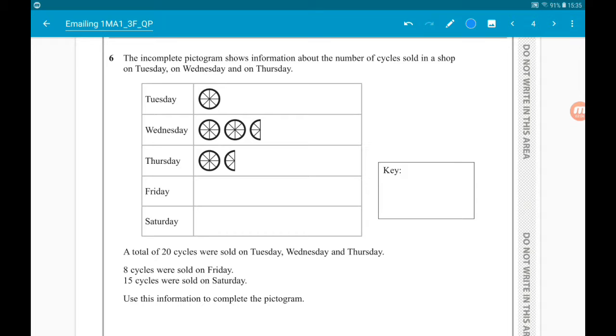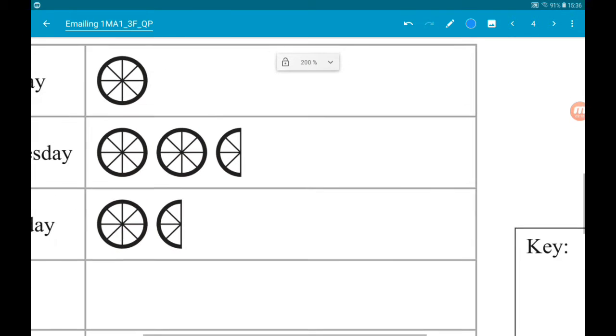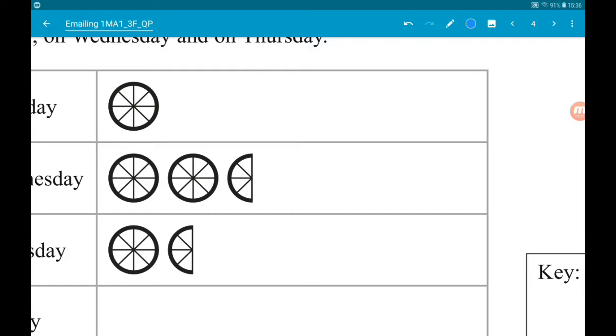Okay, so we know that a total of 20 cycles are sold on Tuesday, Wednesday, and Thursday. So what that's going to allow us to do is work out the key, and then we can fill in the other 2 days. So together here we have 4 whole wheels and 2 halves.